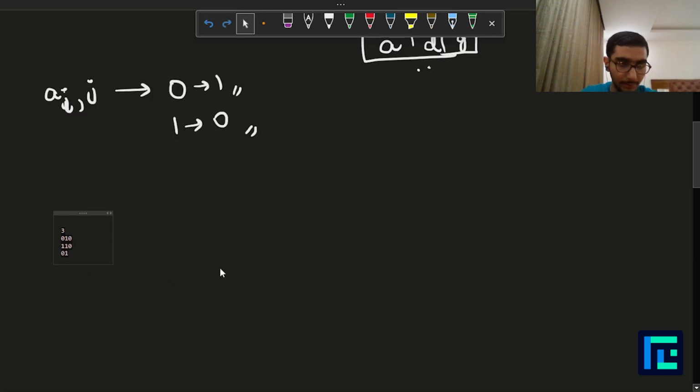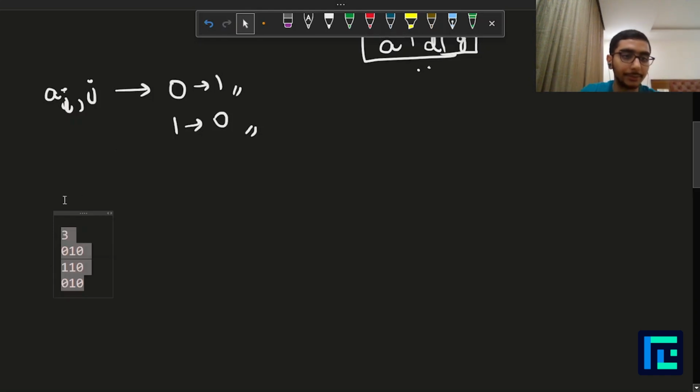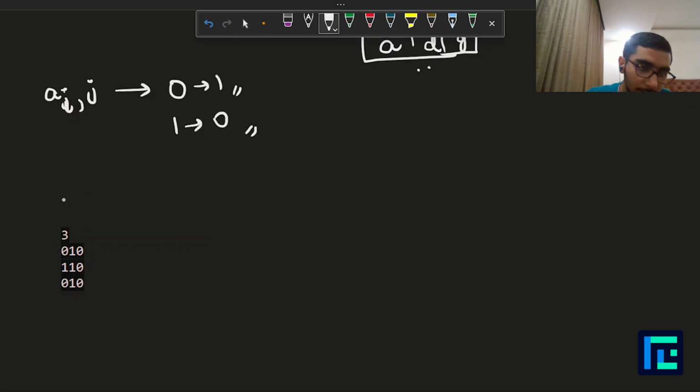And also let's increase the font size, which is better visible. Great. So in this input, as we know, this is n, and this is our matrix mat.